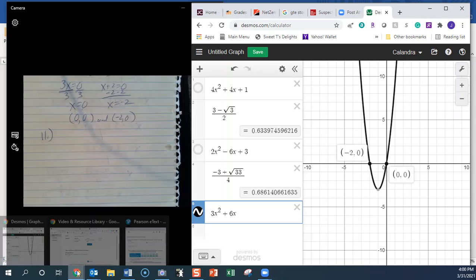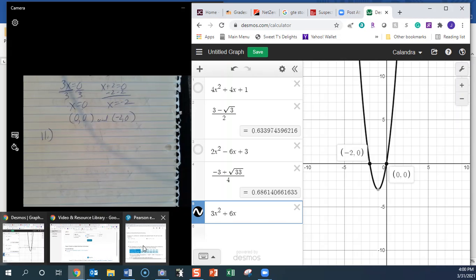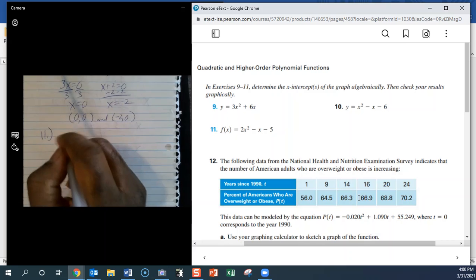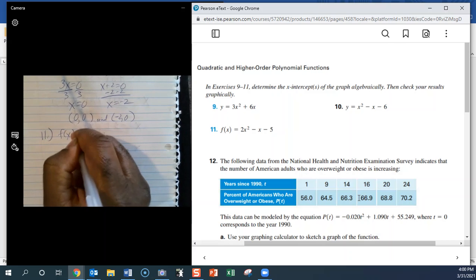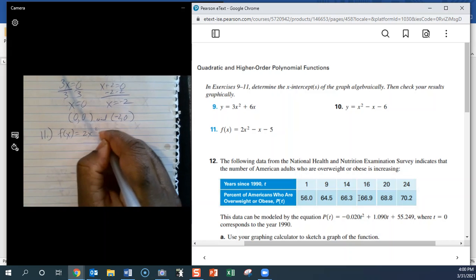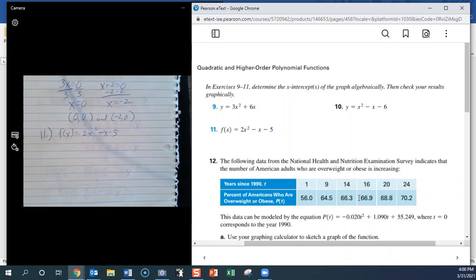Now, problem number 11, like I said, will be the last problem we cover from this section, and you'll be responsible for problems 1 through 13. So we have f of x is equal to 2x squared minus x minus 5.